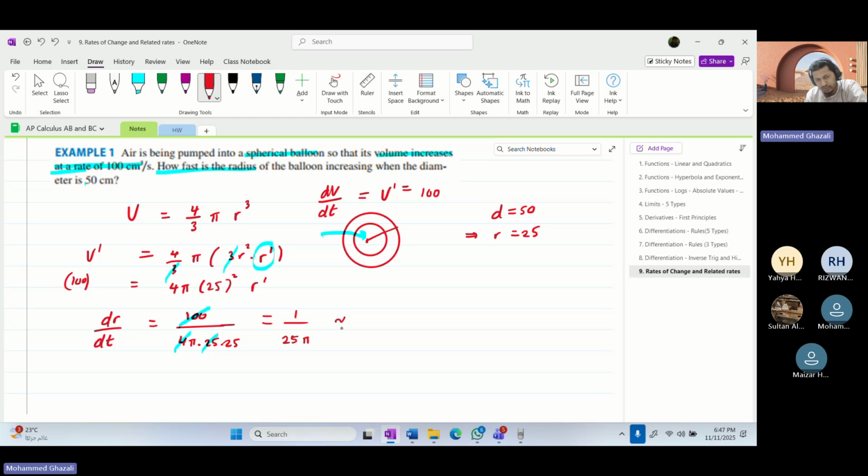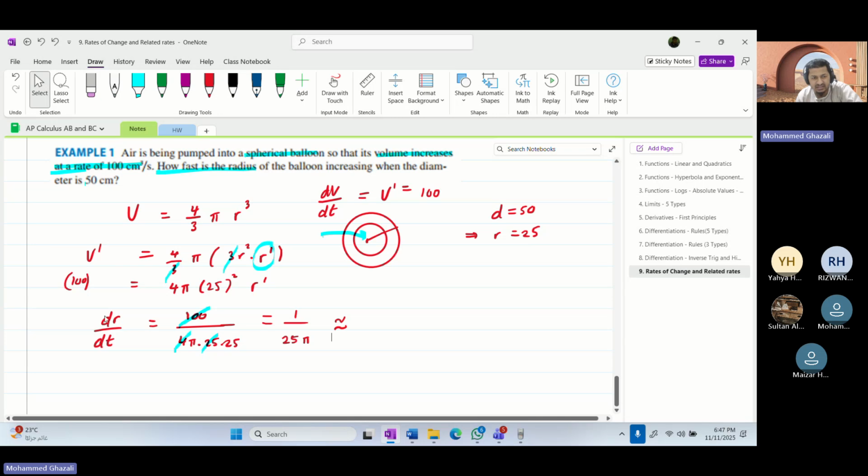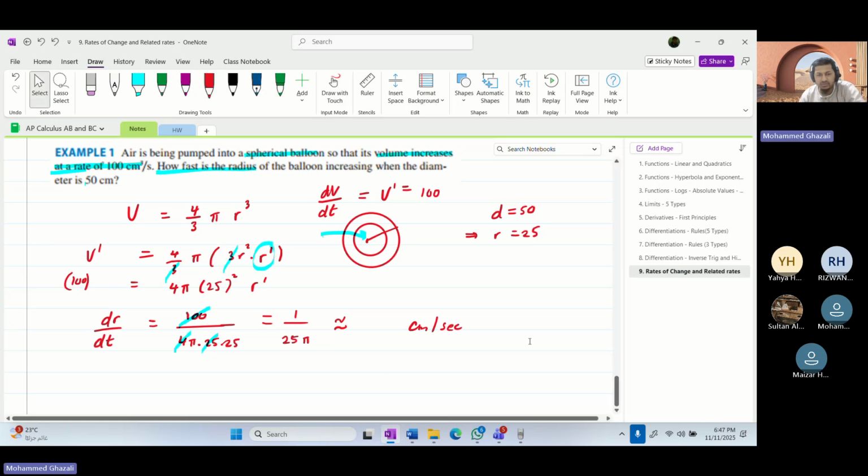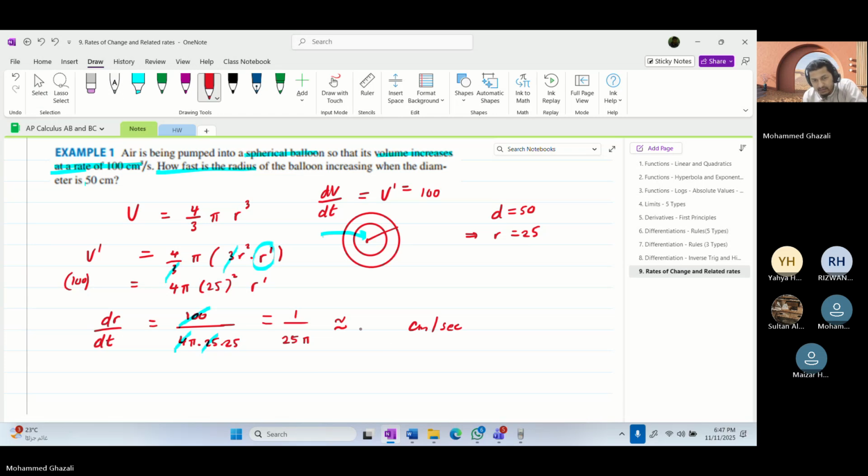What is 1 over 25 pi approximately equal to? Remember, this is centimeters per second, the unit of measurement. It's 0.012 centimeters per second.